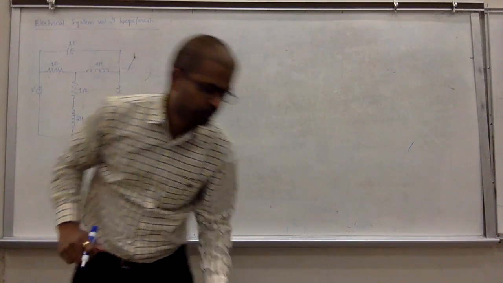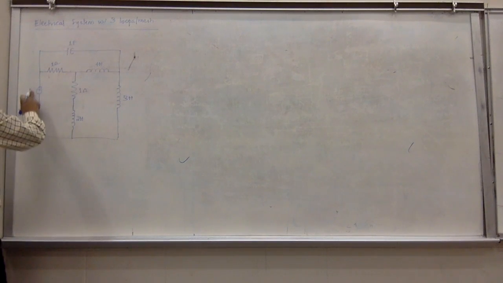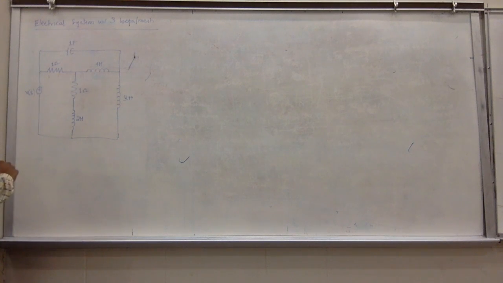Okay, so think about this circuit. What you're given is you have one voltage source, okay, and there are three meshes or three loops, right?